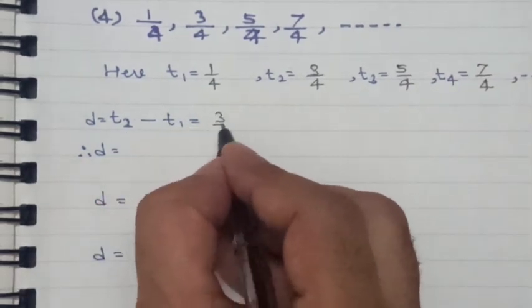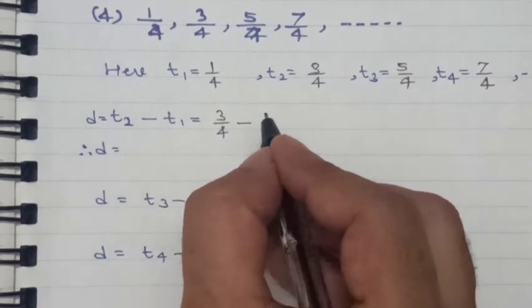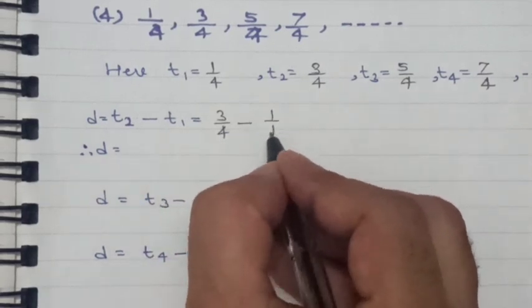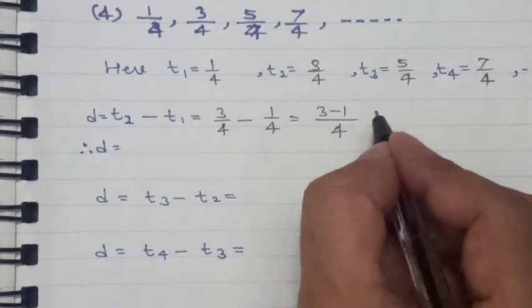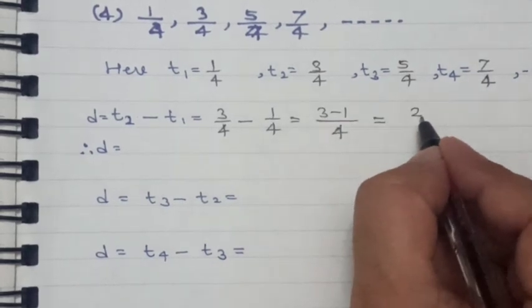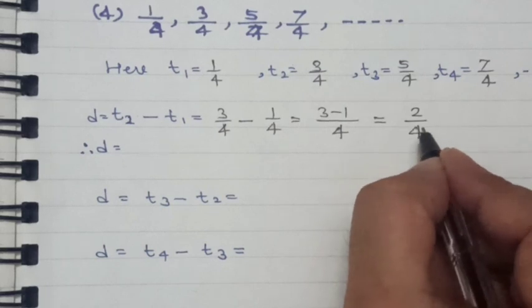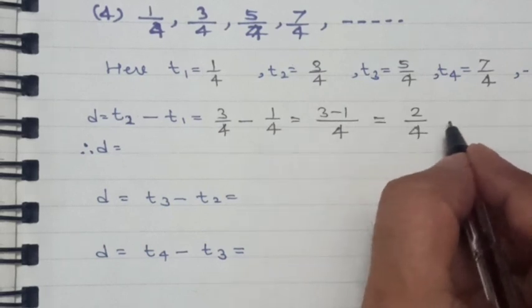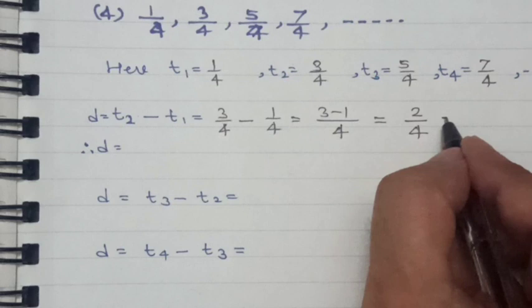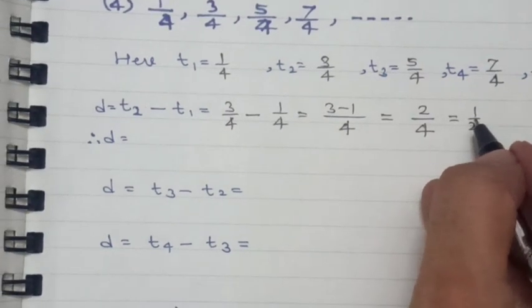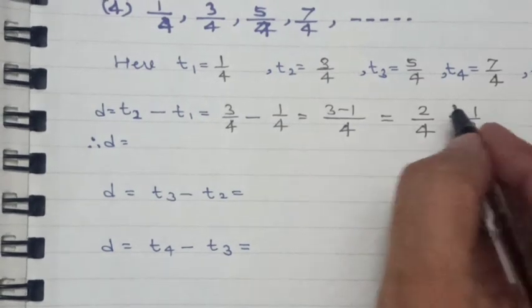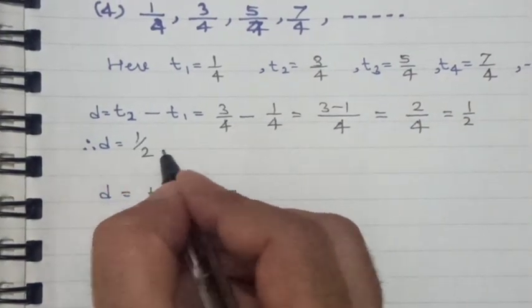T2 is 3 upon 4 minus T1 is 1 upon 4. Your LCM is 4. So 3 minus 1 is 2, which will give you 2 upon 4. You cancel, you will be getting 1 upon 2. So D is 1 upon 2.